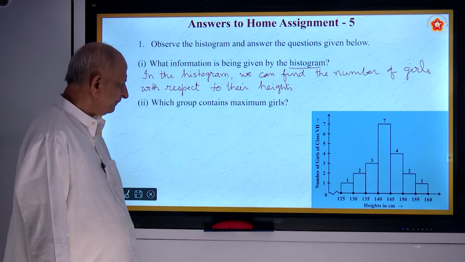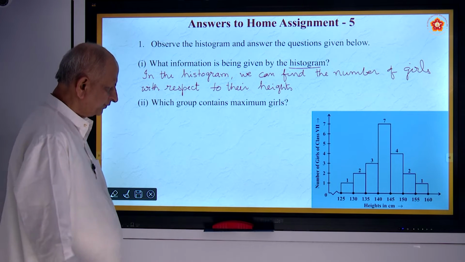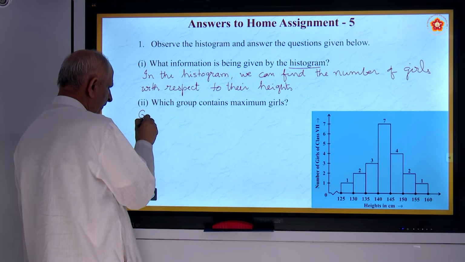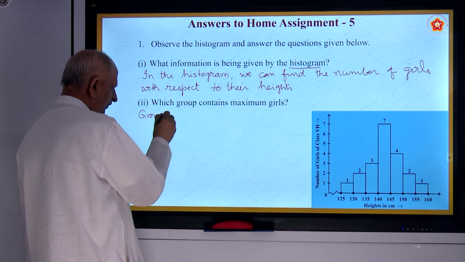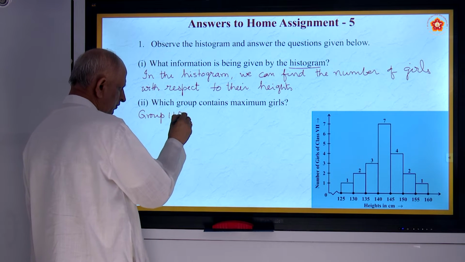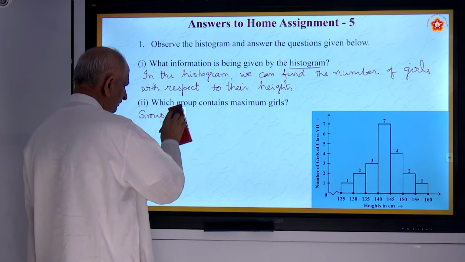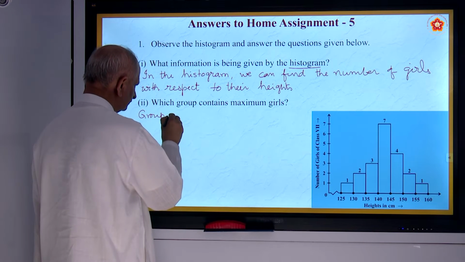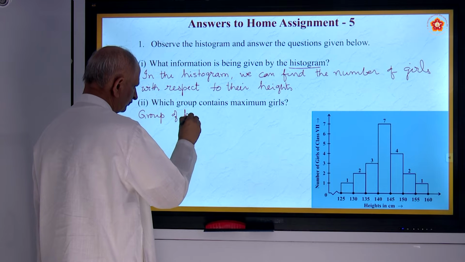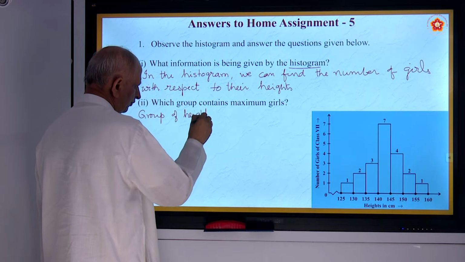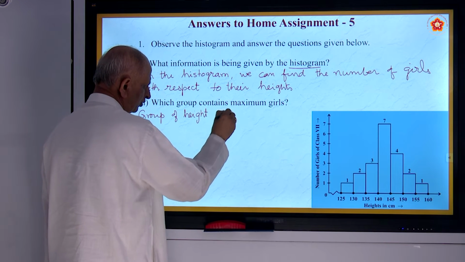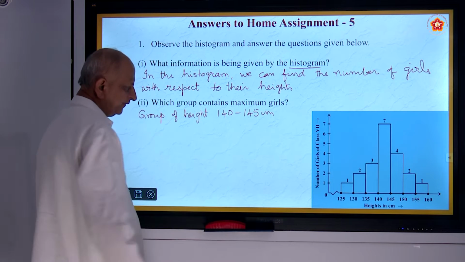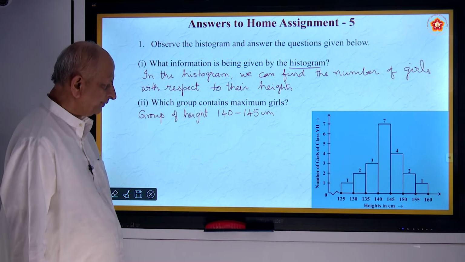Which group contains the maximum girls? So the group 140 to 145, the group of height 140 to 145 centimeters. That is the frequency, that is the class interval, correct?